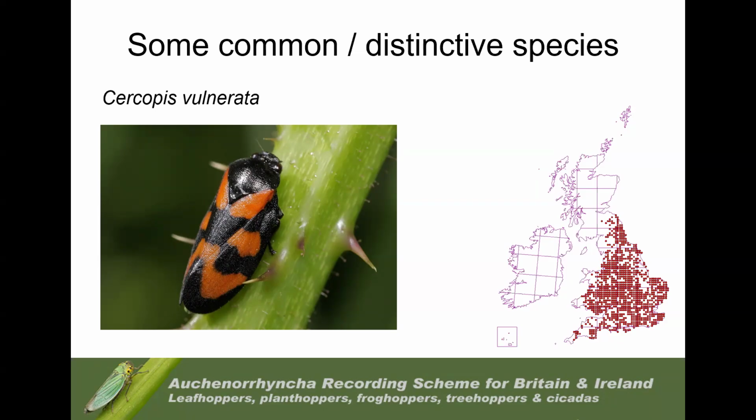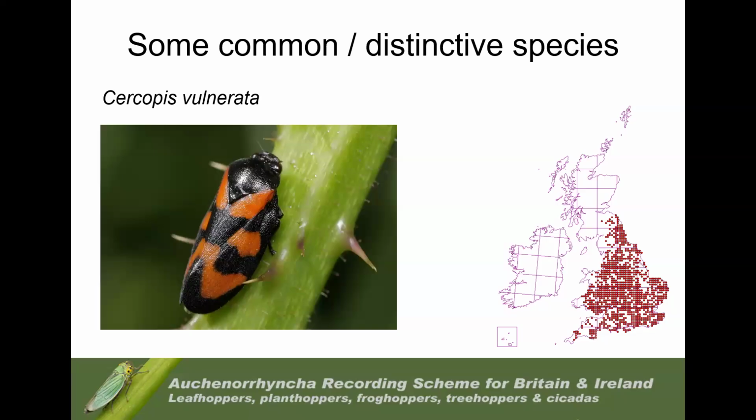And as you can see from the map, it's pretty widespread, certainly in England and Wales. Up until relatively recently, it didn't go much further north than about Durham, that sort of area. But whether it's as a result of general climate warming or some other factor, it's been gradually spreading north.